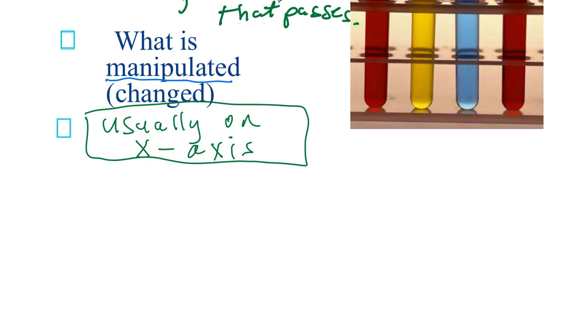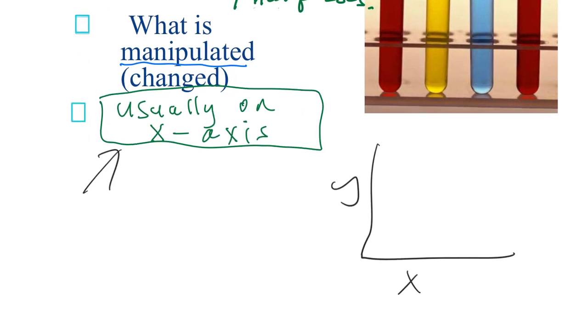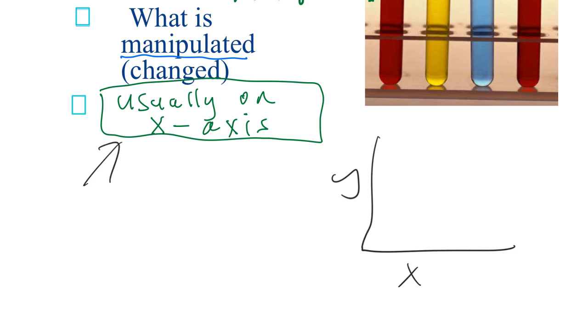So, a graph would look something like this for that. So you put your category, by the way, the independent variable is always on the x-axis.